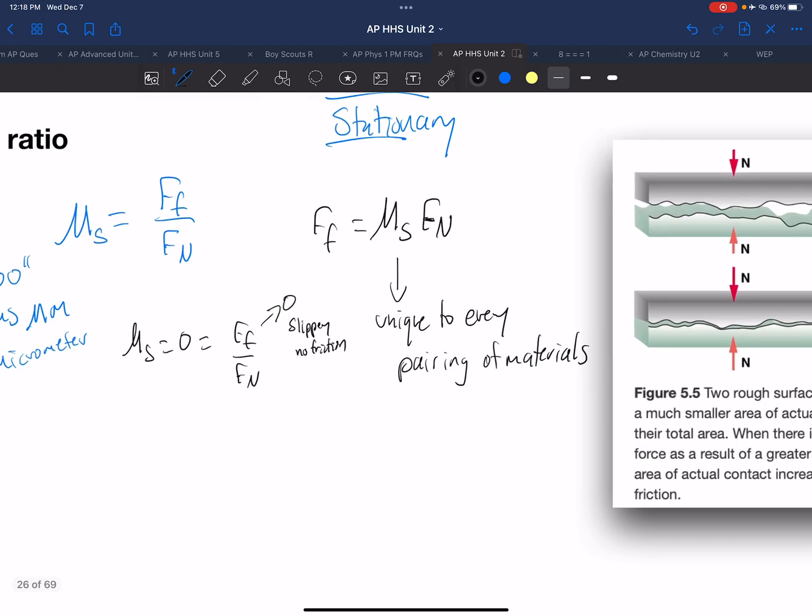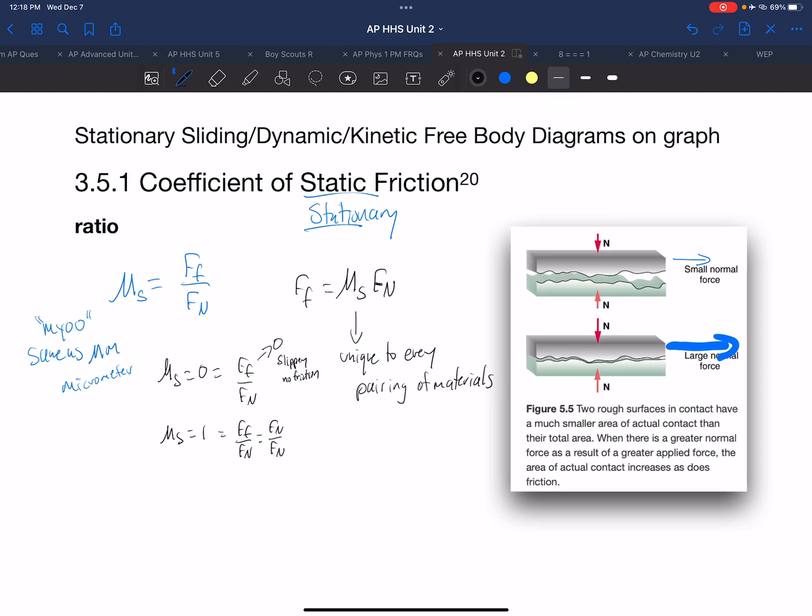And what about a mu s equal to 1? Well, then you could see that the force of friction would have to be equal to the force normal. And we know in this particular case, if an object is sitting on top of a surface, we have the force of gravity and the force normal being equal and opposite to each other.